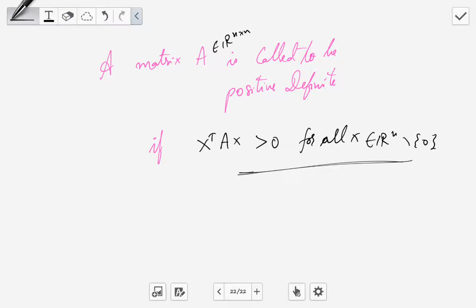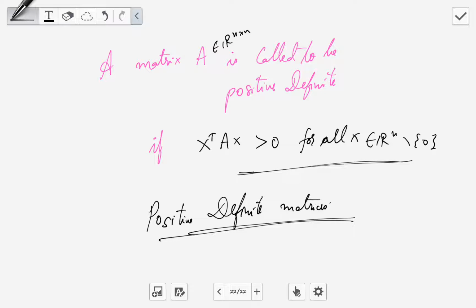Fine. So we finally defined something called positive definite matrices.